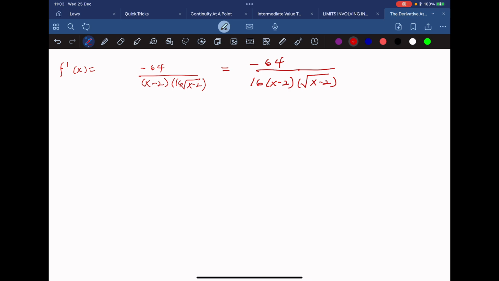So 16 goes into 64 4 times. So we have our f prime of x to be equal to negative 4 out of x minus 2 and now the square root of x minus 2. So this is the first derivative.